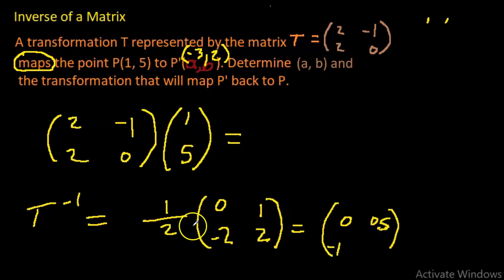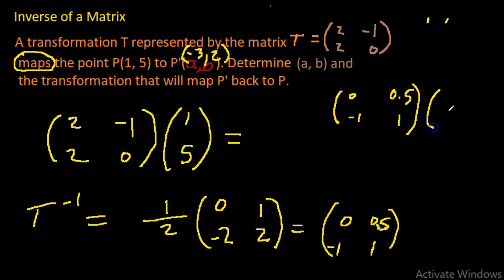And half times 2, that's 1. That's my T inverse: [0, 0.5; -1, 1].